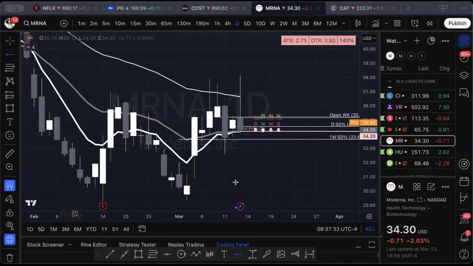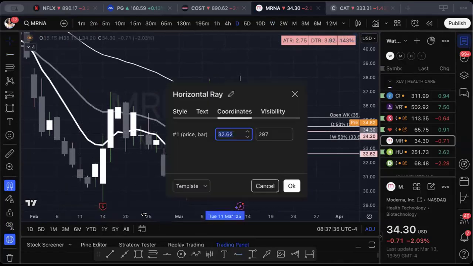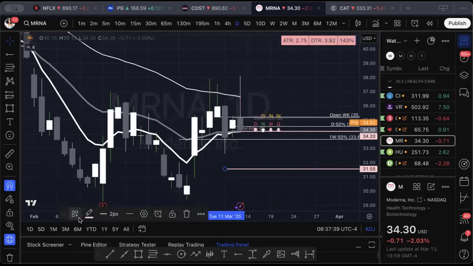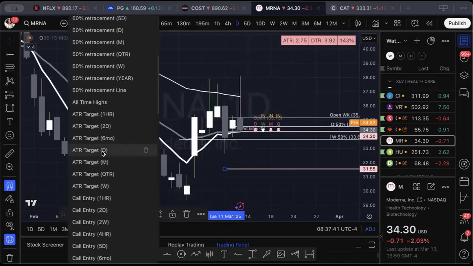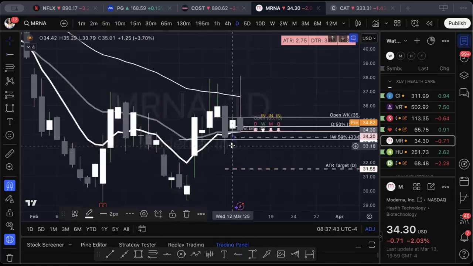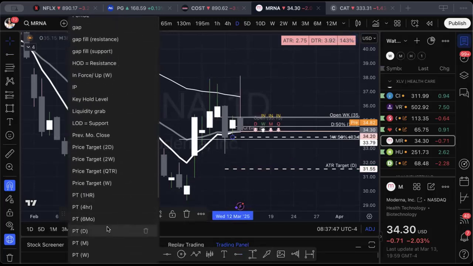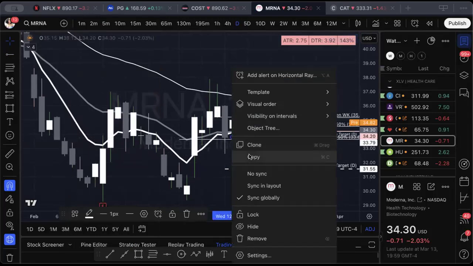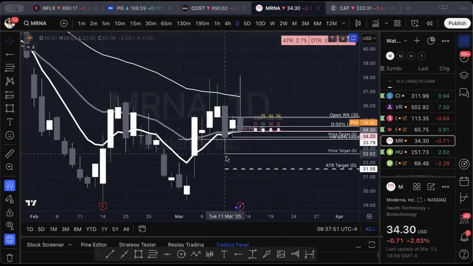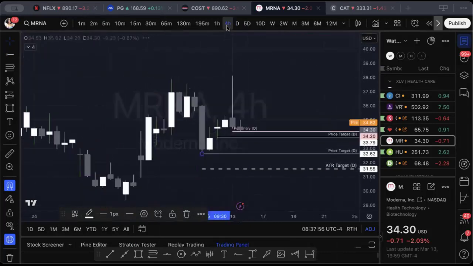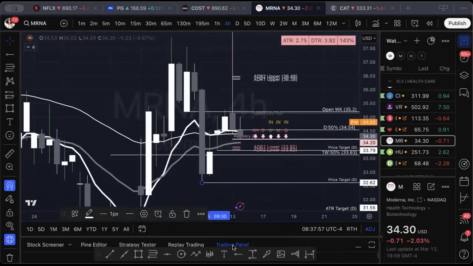So 31.55, and that will be our ATR target to the downside. Let's do our price targets. All right, so that's what we have to the downside for price targets. And then now let's get a look for the upside.